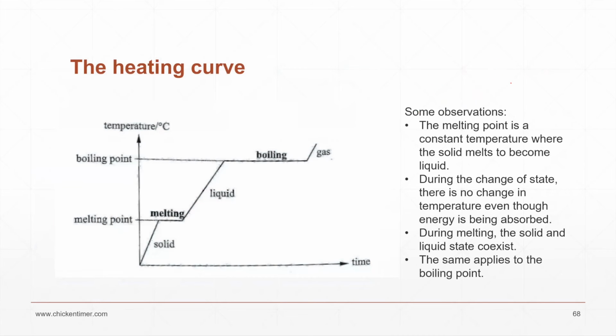So you have the heating curve, important. Heating and cooling curves are quite important. You need to be able to identify where is solid, where is liquid, where is gas. Then where is the melting, where is boiling, because they can ask you to identify what is the melting temperature, what is the boiling temperature.